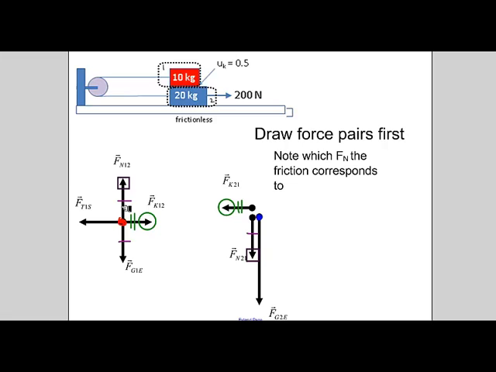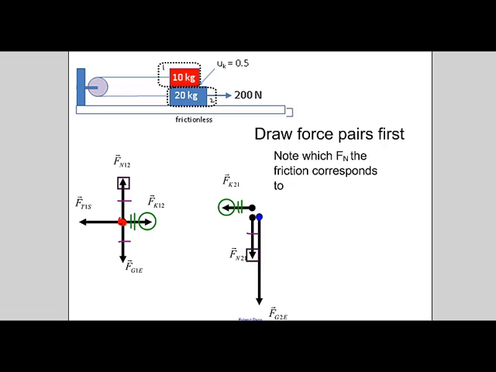There's a normal force, where the bottom block pushes on the top block and the top block pushes on the bottom block, shown here in purple, and the friction, as the top block rubs against the bottom block and the bottom block rubs against the top block. They're equal and opposite, all that good stuff, and I have my force diagrams with my force pair marks and my congruency marks.